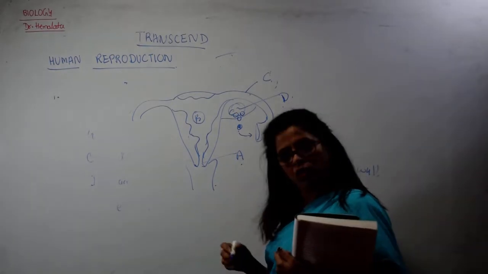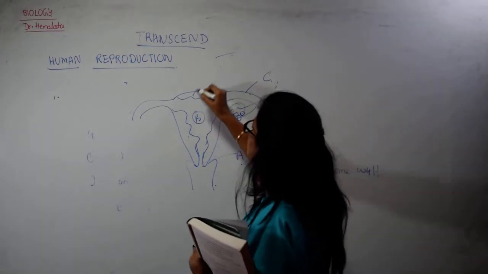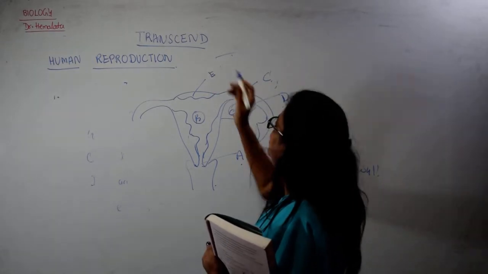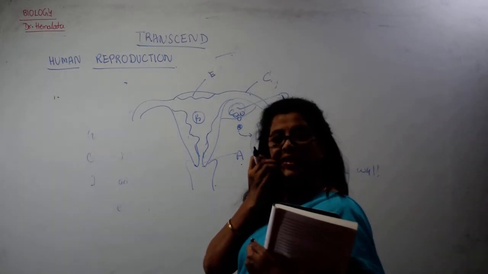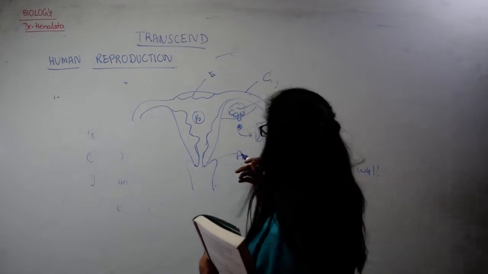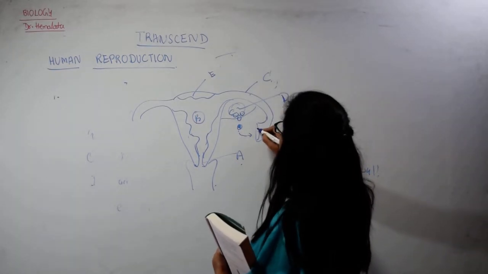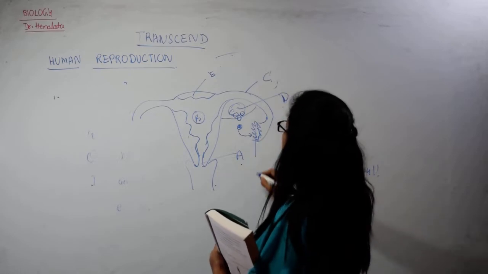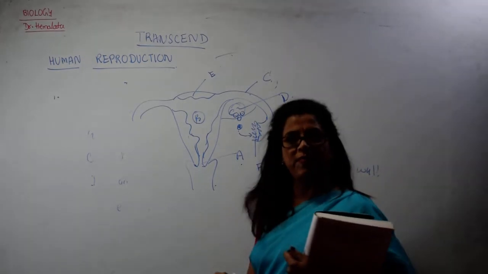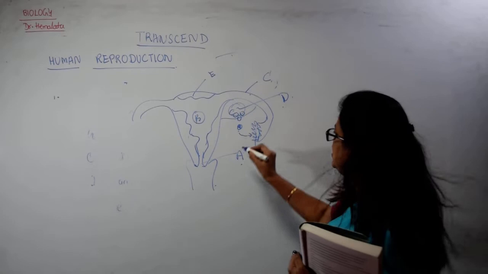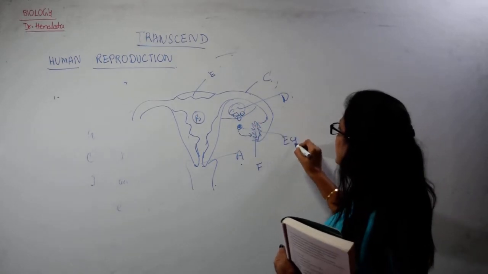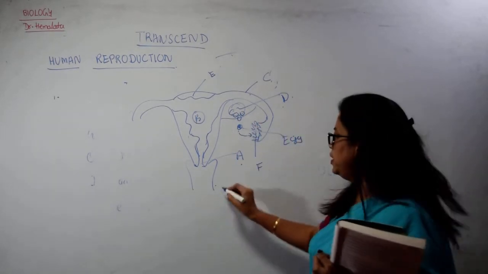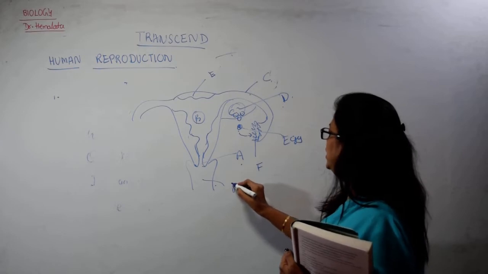Apart from that, you can expect something else also. I will give you this as E. E is what? E is the endometrial tissue. Then fallopian tube parts I can give you. Here you will get the outgrowths. This can be F. This is nothing but fimbriae. This is the egg. Like that, any part is given, you should answer. This is a vagina.